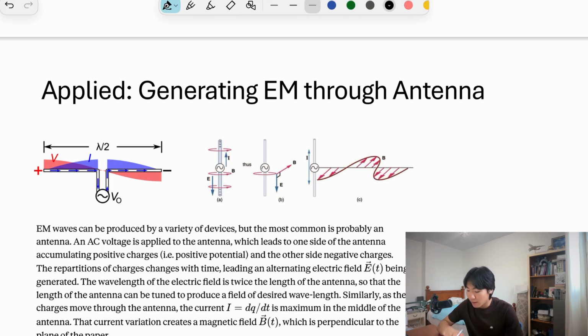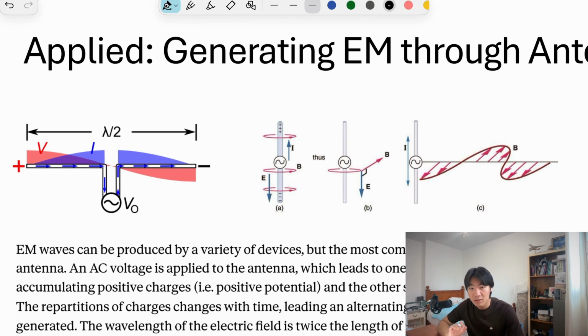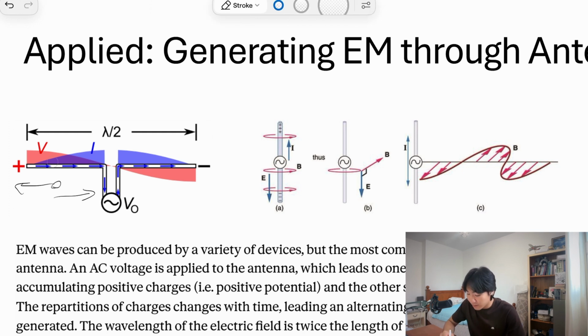So if we apply an alternating current on a wire, in other words, a current that makes the electrons go back and forth, it means the electron is creating an electromagnetic wave, right?